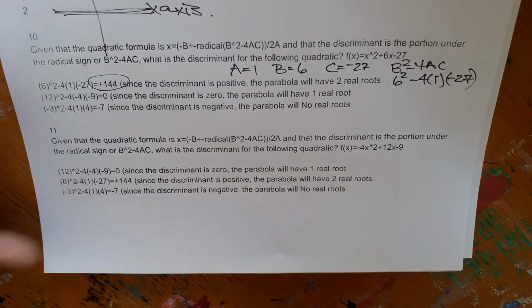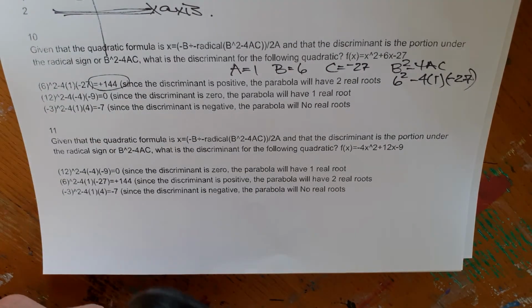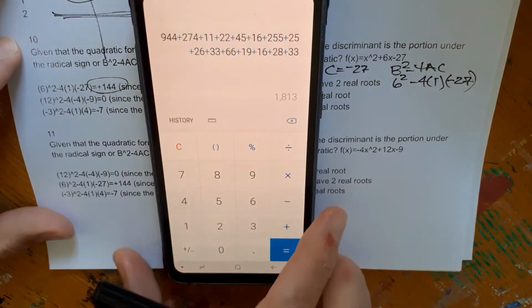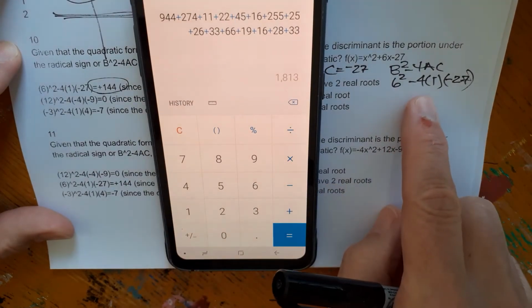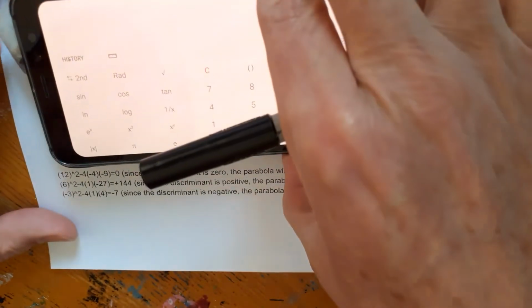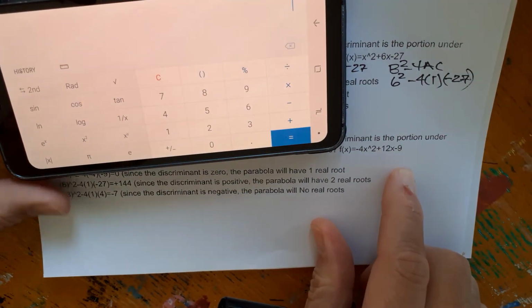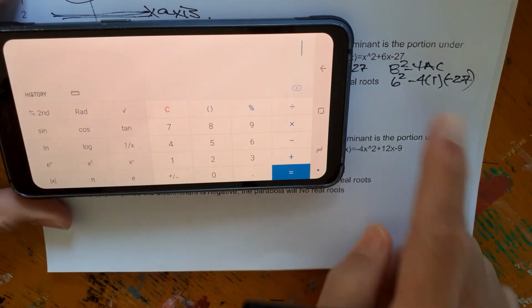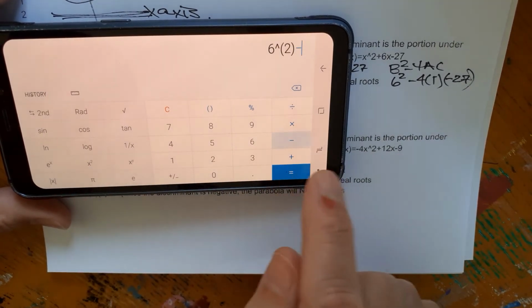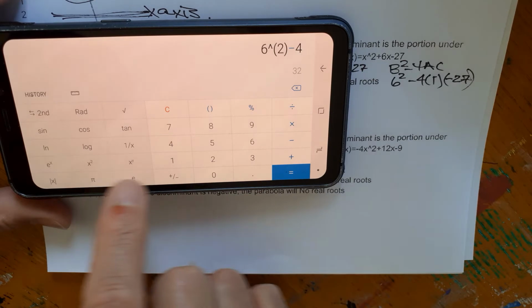And just to model this, let's do it once. I'm not going to do it every time. Go to our calculator, and let's type it in right here. Let's clear this out. Let's turn the calculator sideways. Can we see everything? There we go. So let's do 6 squared minus 4 times a.